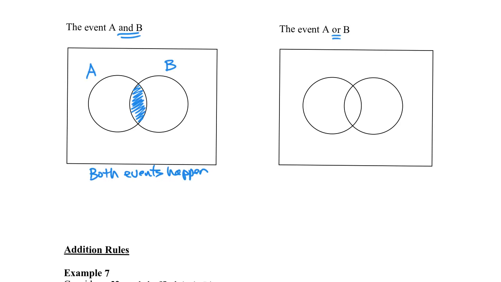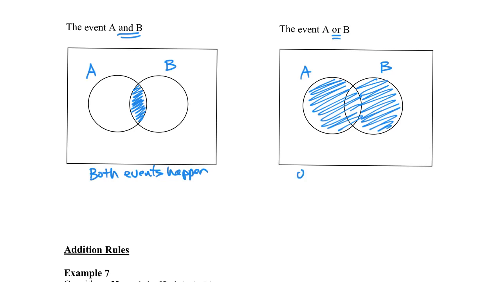But in math, when we say or, we mean inclusive or, which means one or the other or both. So A or B is all of this together. And that means that one event or the other event or both events happen.